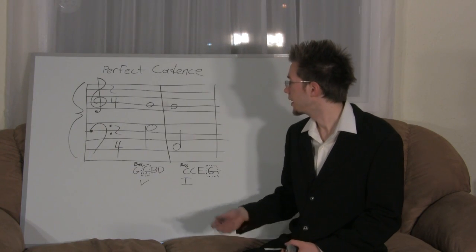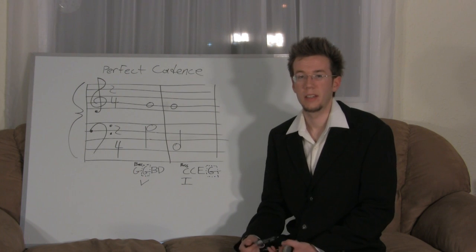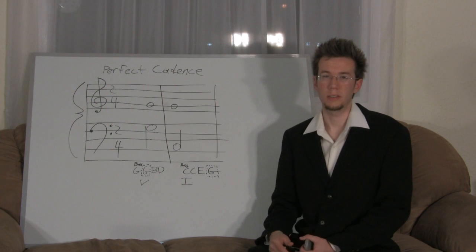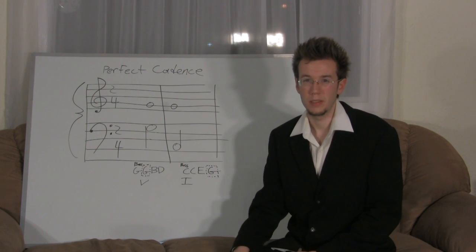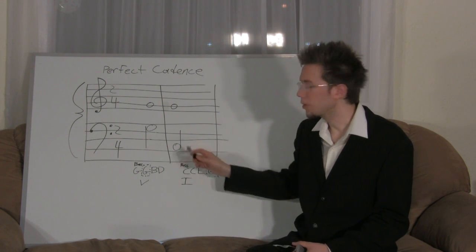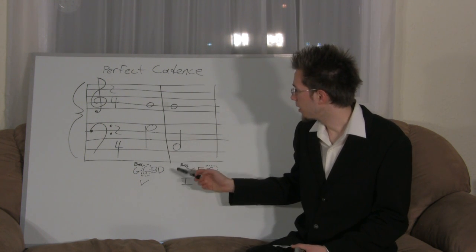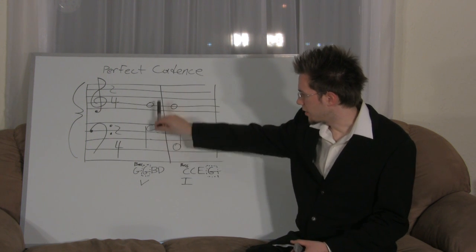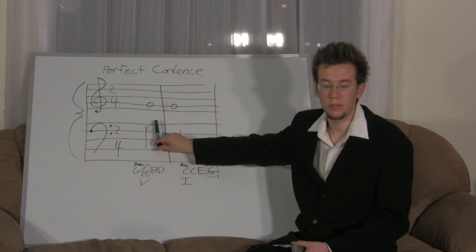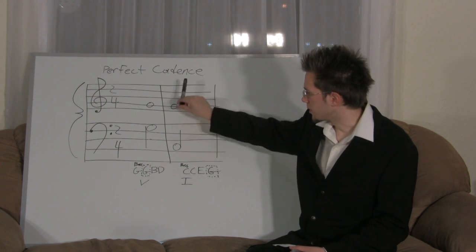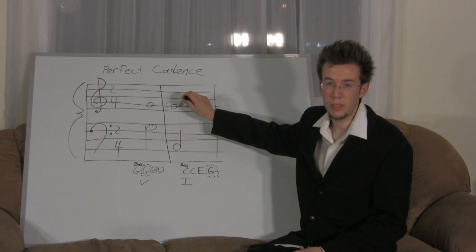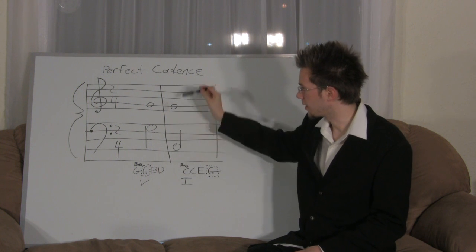Okay, so here is how to write a perfect cadence. Now, there are many different ways you can do these cadences, in all sorts of time signatures and different beats. Generally, you either want equal beats, or you want the start of your cadence to come in at the last beat of the measure or the bar, and then the final chord happens on the first beat, the strong beat of the last bar, okay?